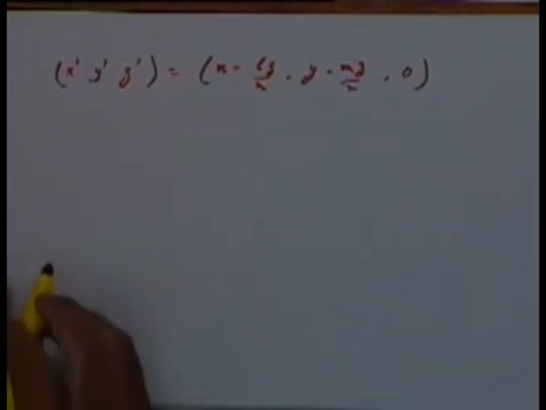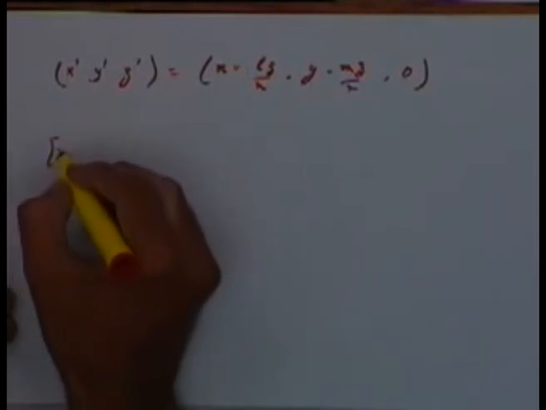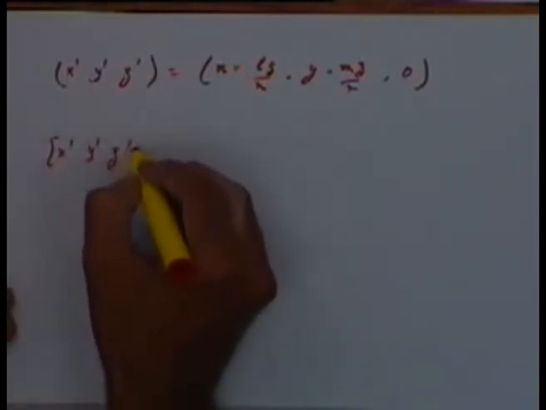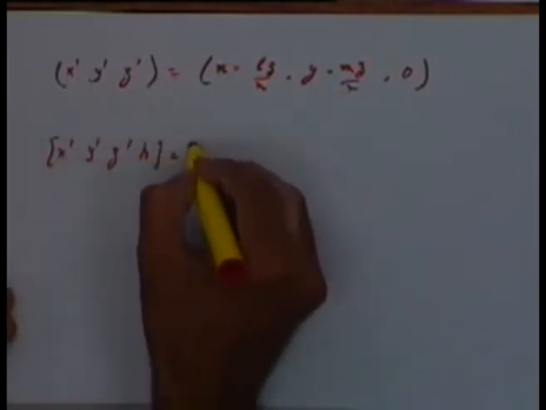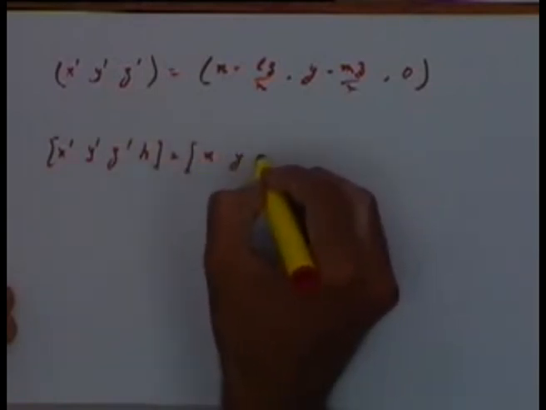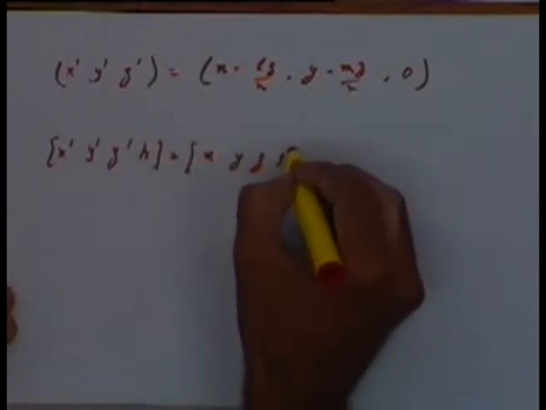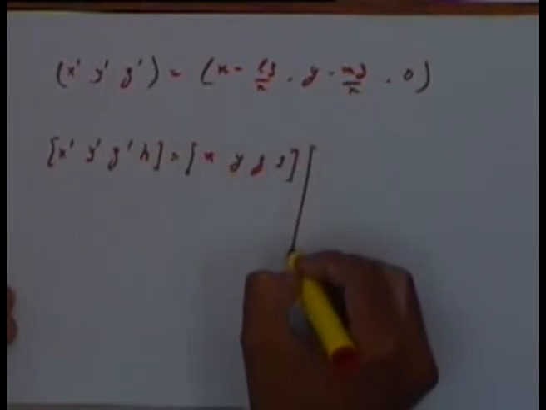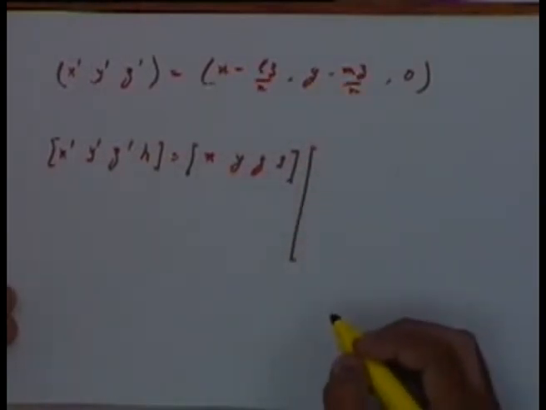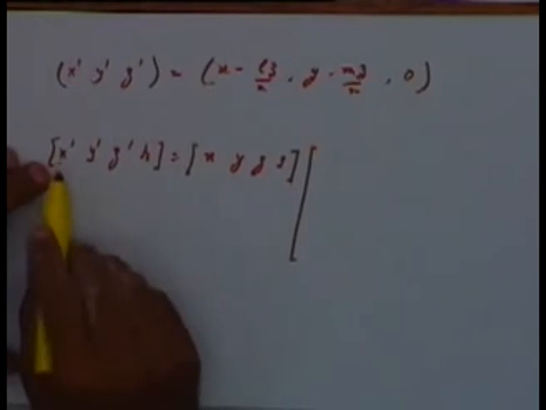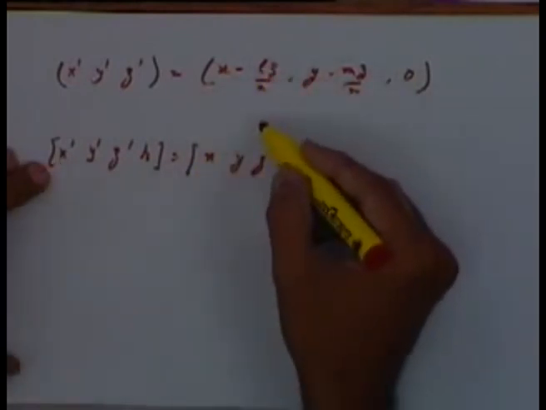And this again I can write in matrix form using homogeneous coordinates. What will be the transformation matrix? x prime is equal to x minus Lz by n.